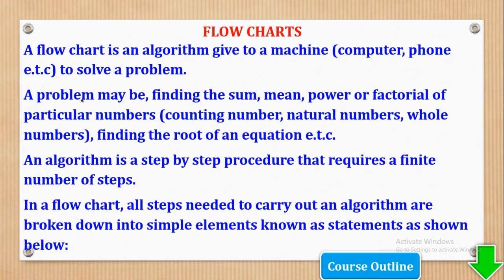Now these problems are very vital. This word problem is very vital because when we reach the part of dry run, they will be asking you the purpose of the flowchart, so you must be able to know whether it is getting the sum or mean or powers or factorials, etc. So that is what the word problem means. Then what about the word algorithm?